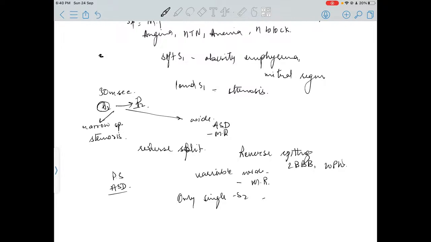Tricuspid area is the fourth or fifth intercostal space, left of the sternum, below the sternum.